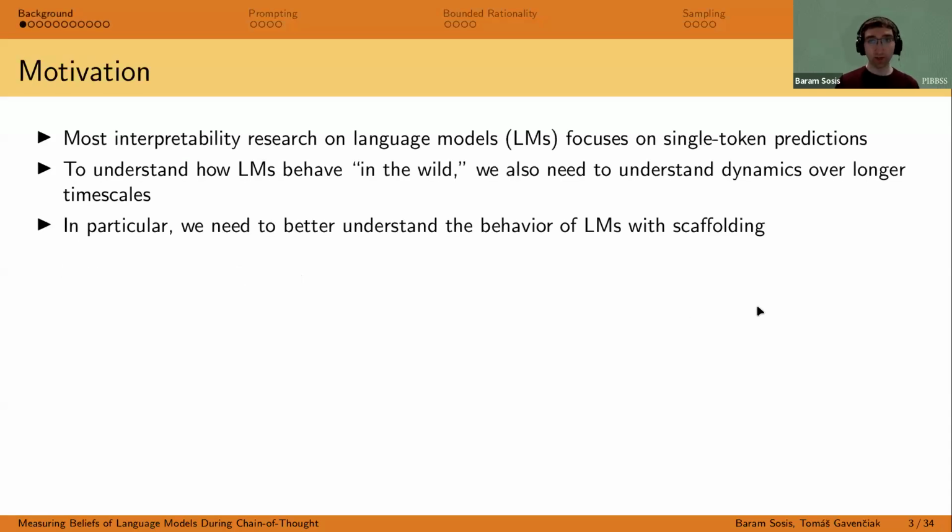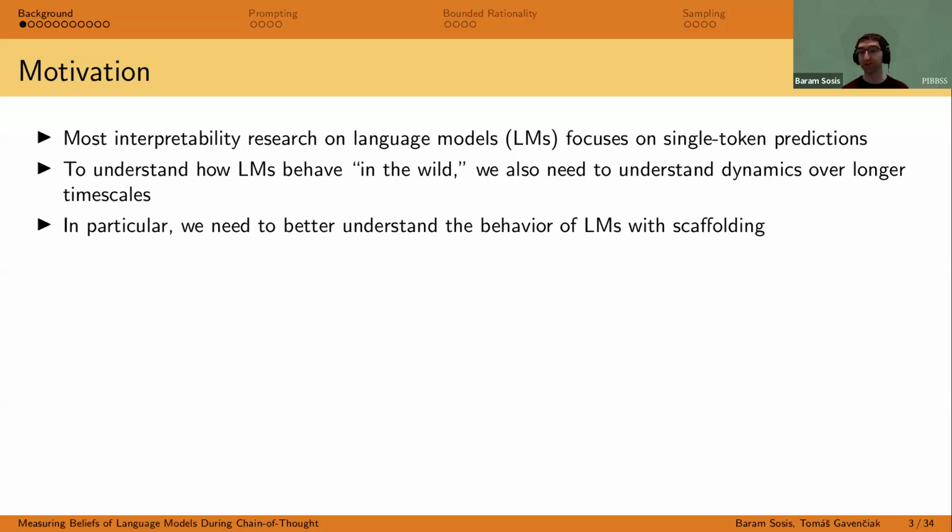Okay, so first a bit of motivation behind this project. I think a lot of interpretability work tends to focus on understanding transformers and language models on a single token level, just looking at a single forward pass.